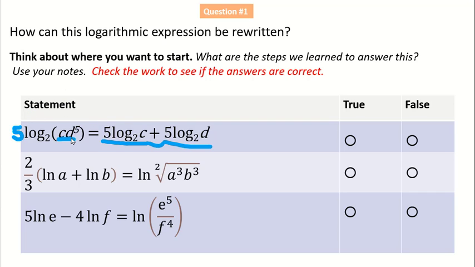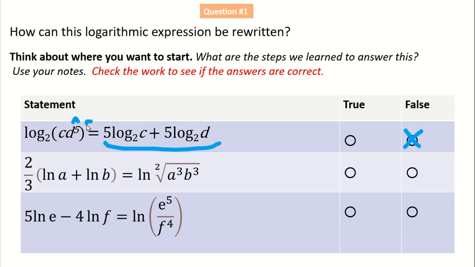Alright, but because the exponent 5 is only related to the variable d, we can't use that property. So this is false. Be very careful that you don't get tricked, and look where that exponent is.